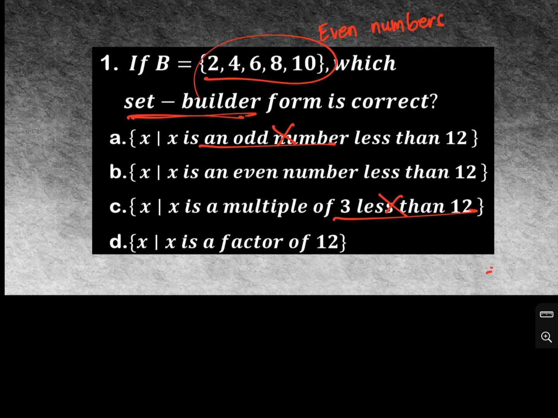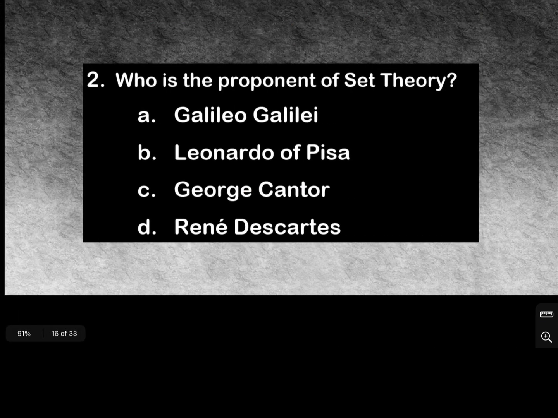And 8 and 10 are not multiples of 3. So it's not the correct option. Let's have letter D, x such that x is a factor of 12. Only 2, 4, 6 are factors of 12. The 8 and 10 are not factors of 12. And the only correct answer here is letter B, an even number less than 12.